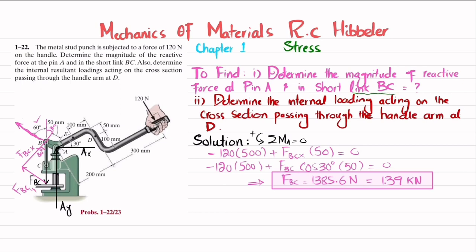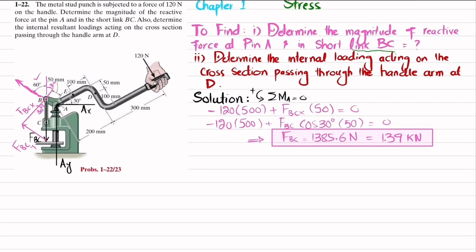Now we will move toward finding AX and AY. For that we will apply the equation of equilibrium that the sum of all forces along the y direction must be equal to 0, and upward force is taken as positive. So you can see vertically we have this one force AY. Clear? The second one is this force FBC, and we will take the vertical component of this.